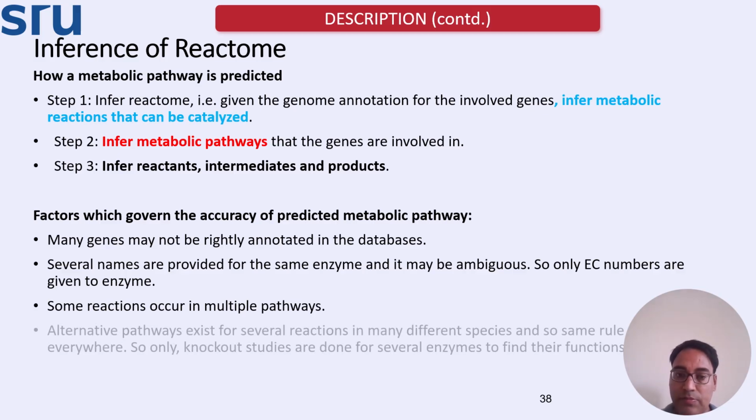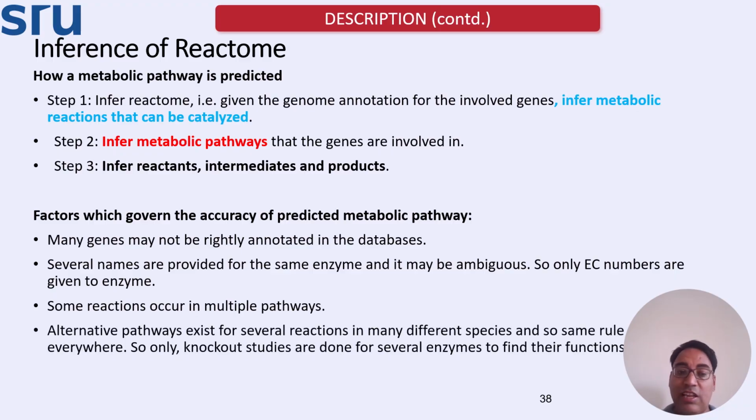Moreover, several reactions sometimes occur in multiple pathways, so these reactions should be properly taken care of. These reactions are the core backbones of several different biochemical pathways. So whenever we are putting some gene somewhere, we need to always remember that we need not ascribe the gene for the same function. We need to consider multiple functions in the picture.